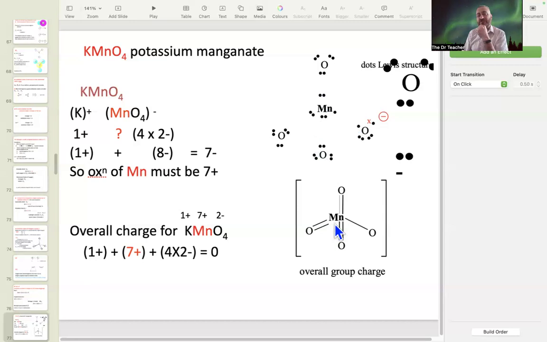You remember the structure? Double bond, double bond, double bond, and single. Now this is very stable, and outside here we can find the potassium. The potassium outside is +1, the permanganate -1. Together they cancel each other and become 0 charge, as you see.